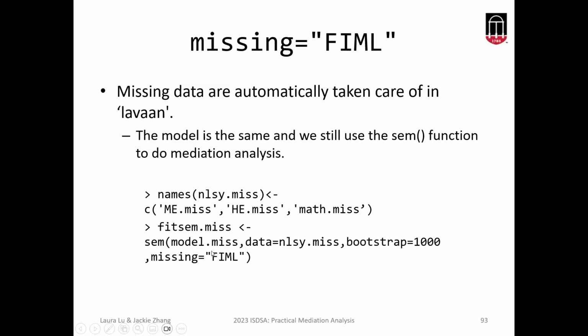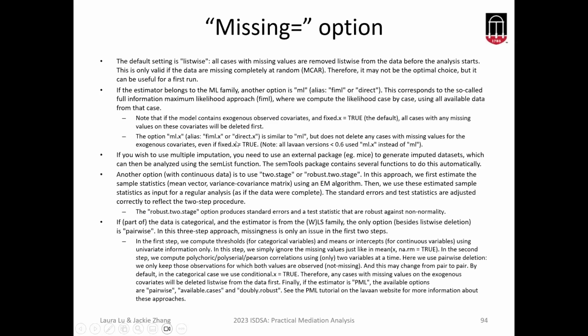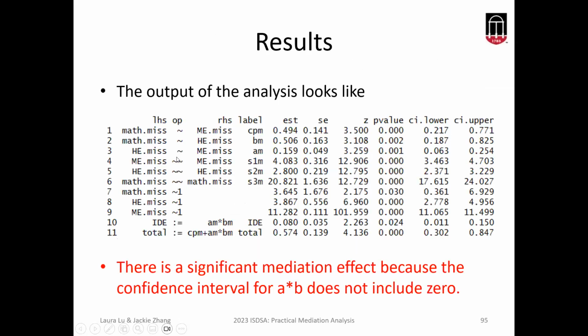With missing, we can choose FIML, so the full information maximum likelihood estimation method will be employed and the missing values will be dealt with. So these are the details of the missing option. We have some other options too. I'm going to show you the example in R.